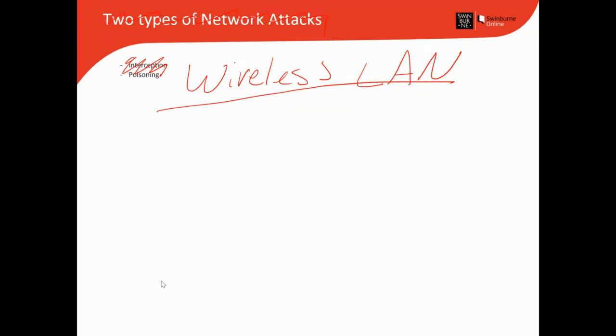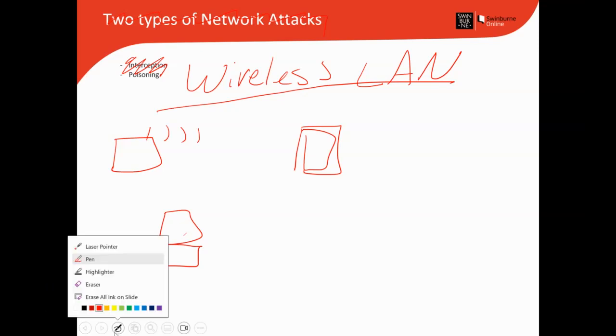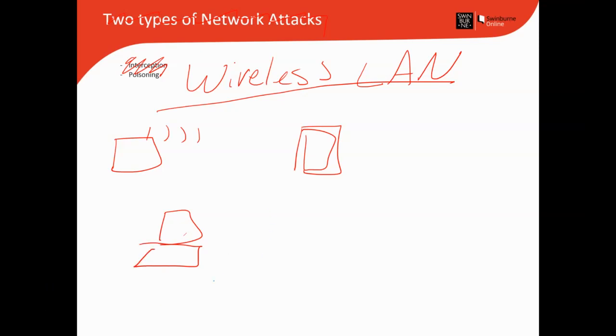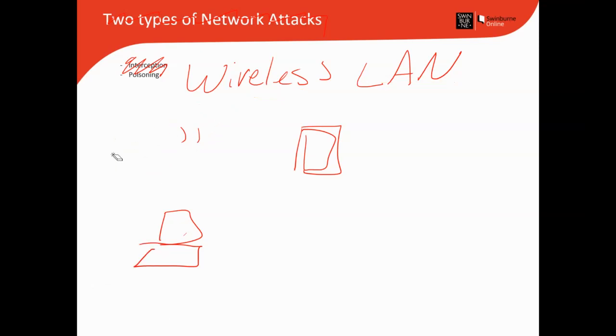I mean, obviously, you've probably all seen your wireless router at home that gives you your internet access to your mobile device or a laptop. That's a wireless LAN too. However, in a corporate environment, it's a bit more complicated than that. Well, a lot more complicated actually.